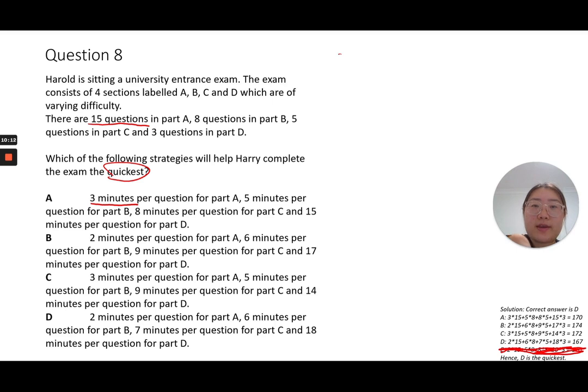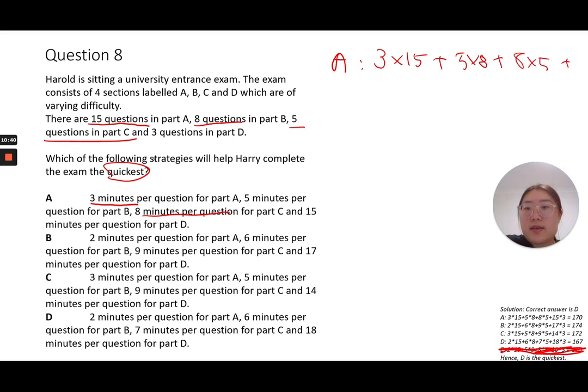So let's try for A. For example, 3 minutes for part A, so per question, 3 times 15. I'm going to add that to 5 minutes for part B. You have 8 questions, so 8, let's do that. 5 times 8 plus 8 minutes for part C. So 5 questions in part C. So we're going to do 8 times 5 plus 15 minutes for part D. So 3 times 15 or 15 times 3.